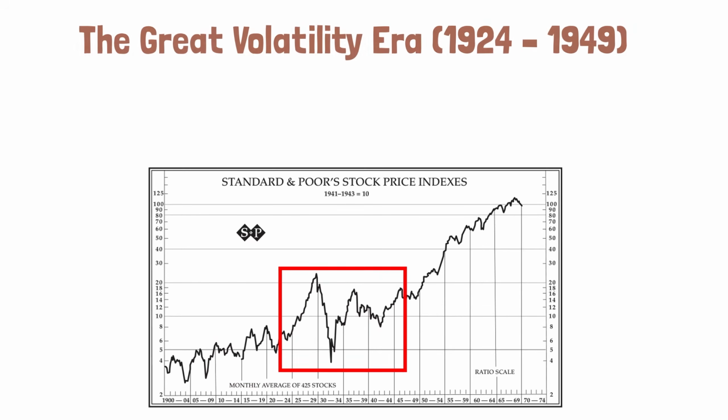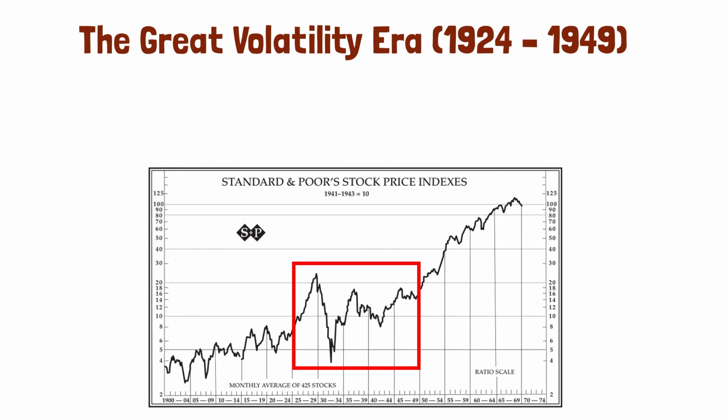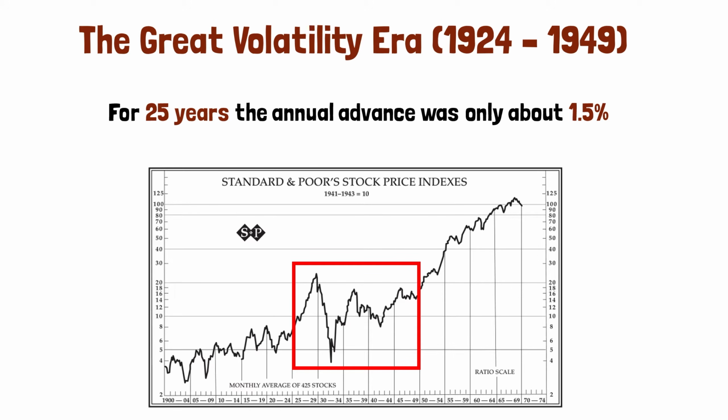The Great Volatility era from 1924 to 1949. This was a financial roller coaster. It included the speculative New Era bull market that peaked in 1929, followed by the catastrophic crash, the Great Depression, and World War II. Over this entire 25-year period, the annual advance was dismal, 1.5%.